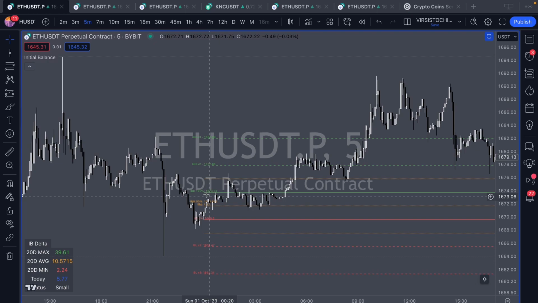If you use stock settings, the initial balance is actually highlighted in orange, so you don't have to read the green, the dotted orange, and then the red. It'll just show as a solid orange, but I prefer it this way.